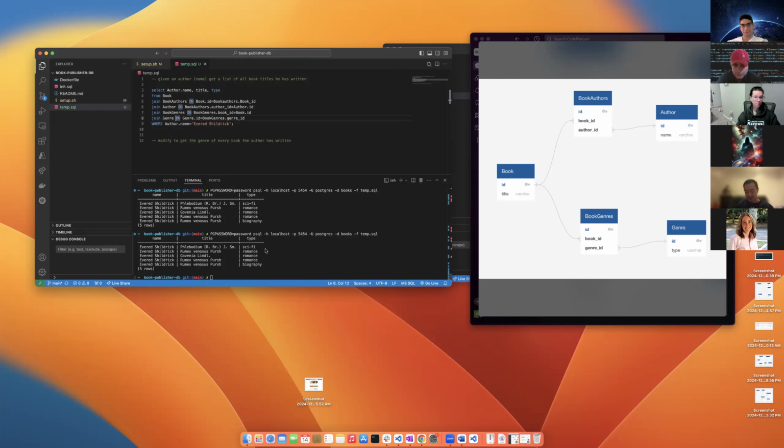Does that mean that something went wrong in our script? No, it just means one book has multiple genres. Bingo, exactly. So don't get thrown off by things like that, like, oh, the number of rows is not what I expected, it has to be wrong, especially when you have many-to-many relationships. That is not always the case.